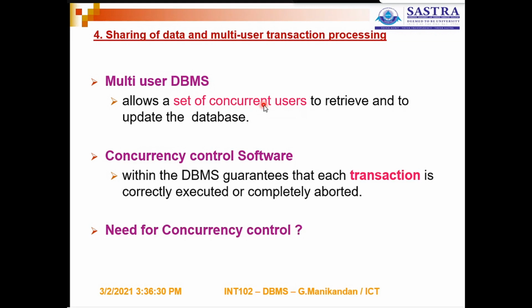After storing the data, if you allow each and every user to access the data in a sequential fashion, then the waiting time will be more. So we want to reduce the response time for each and every user. How to reduce the response time? You need to allow multiple users to access the database concurrently.